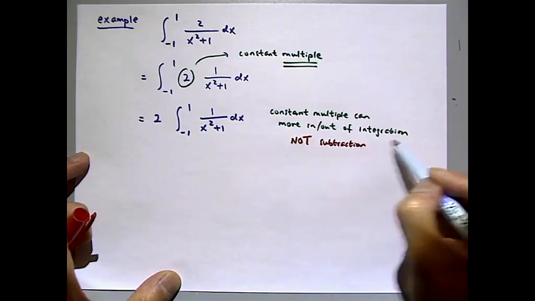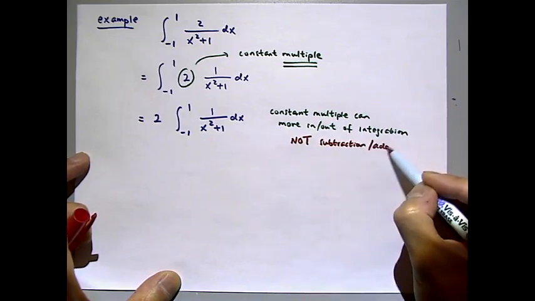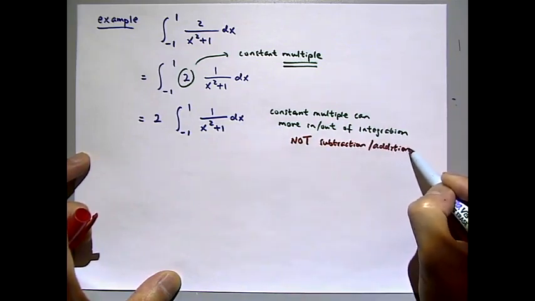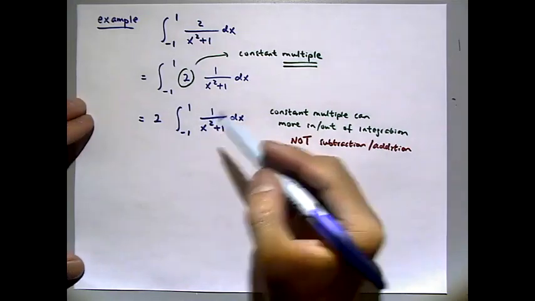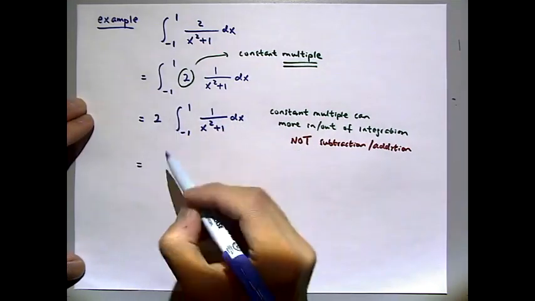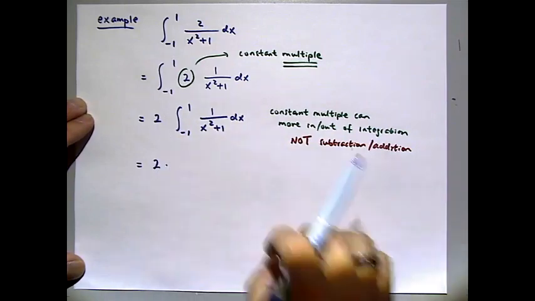But you cannot do that for subtraction or addition. If this were 1 over x squared plus 1, that plus 1 has to stay. But it's 1 over x squared times 2. That times 2 can be moved in or out depending on what you want to do. So there's my 2. Okay.